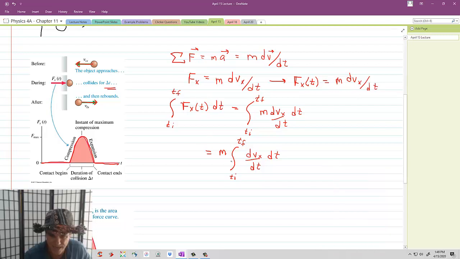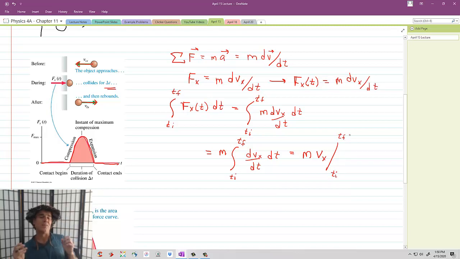And so what I end up with is m times the velocity in the x direction evaluated from some initial time to some final time.